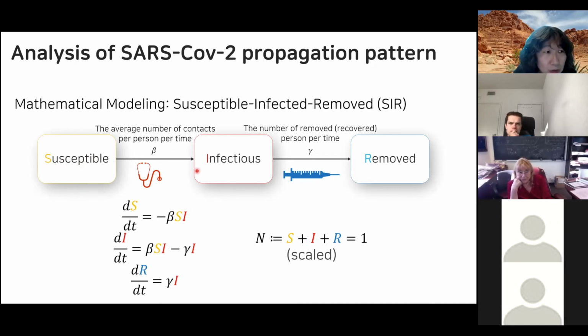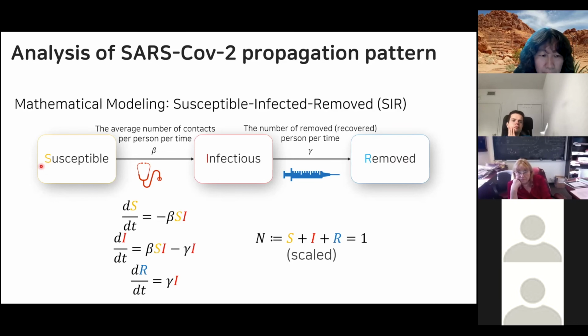The second group is the infection group, with the virus in the body. And the final group is R, the removed. In other words, the group has immunity to the virus due to recovery, or is no longer at risk of infection due to death. This is defined as R.